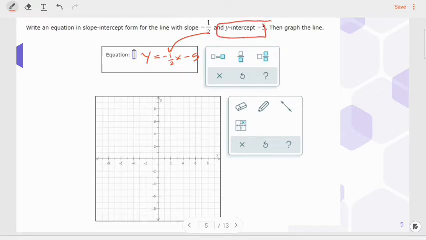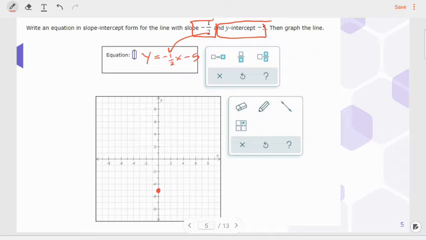So I'm going to go to -5 on my y-axis, and then I'm going to graph my slope. Now, you'll notice that I put the negative with the top when I rewrote my equation. Having it out front and having it just with the top are equivalent. They're equal. I can only put it with the top or only with the bottom, not with both. So just be careful of that.